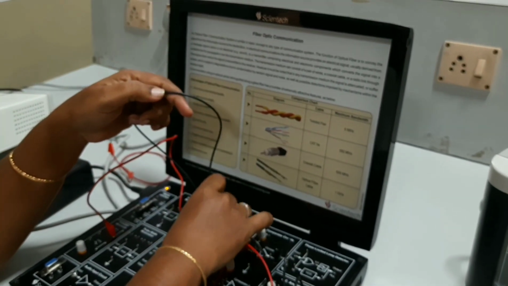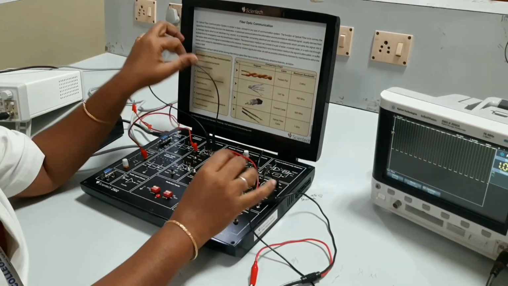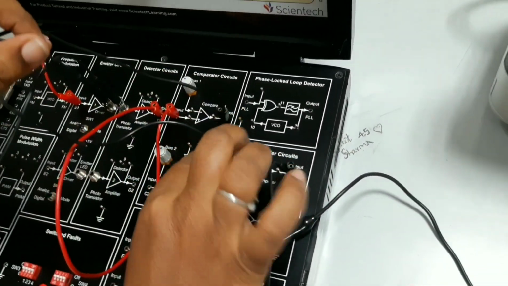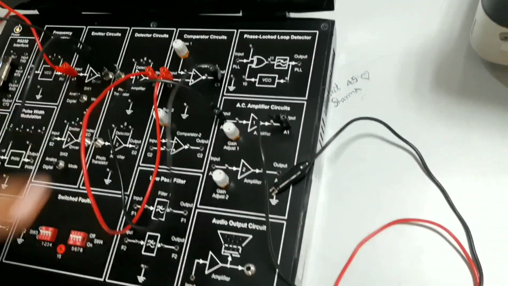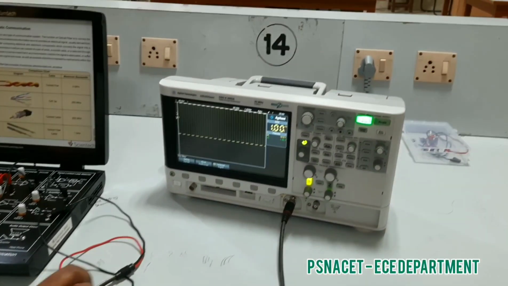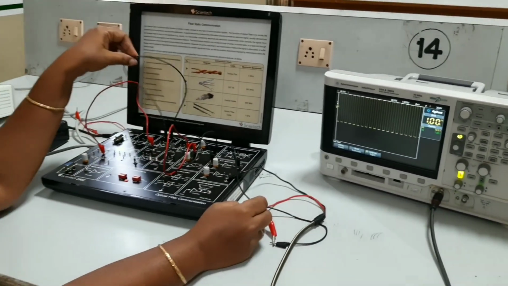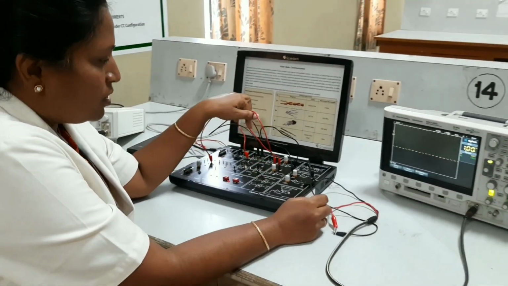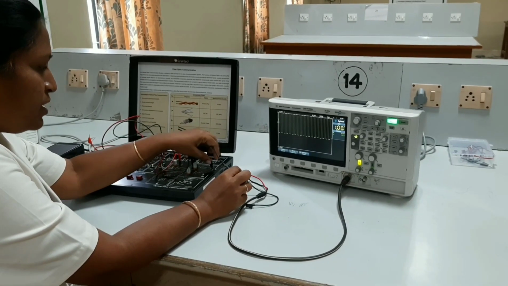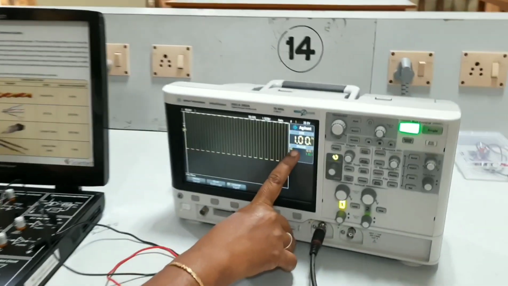The output of the detector circuit is given to the comparator, then the output of the comparator is given to the amplifier circuit, and the amplifier is connected to the digital storage oscilloscope. Just a 1 kilohertz signal is sent through the fiber optic cable, and we are receiving it through the amplifier circuit, the same 1 kilohertz, in the digital storage oscilloscope.